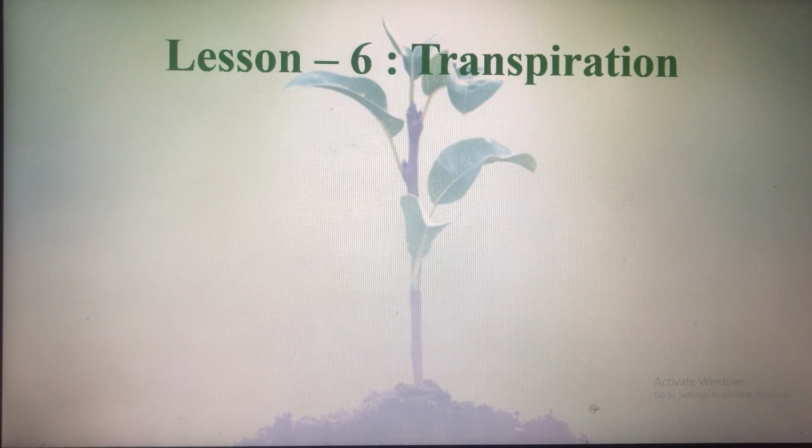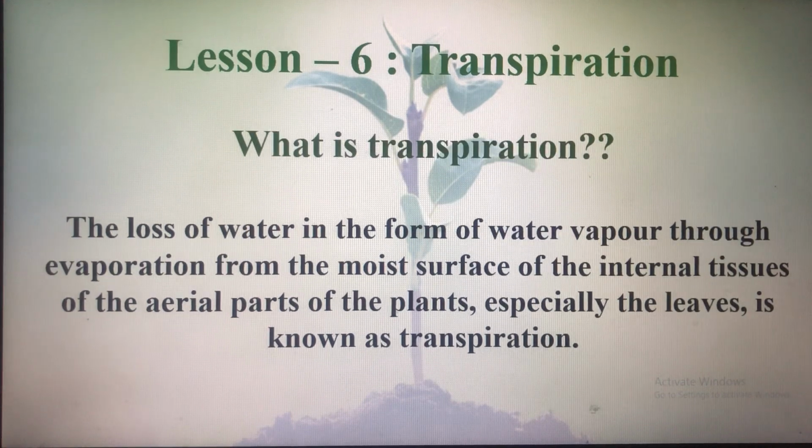Next we're going to move forward with lesson 6, which is transpiration. So what is transpiration? Transpiration is the loss of water in the form of water vapor through evaporation. Evaporation is the process where water turns into vapor, right? Through evaporation from the moist surface of the internal tissues of the aerial parts, the parts that are directly associated with the air, right?